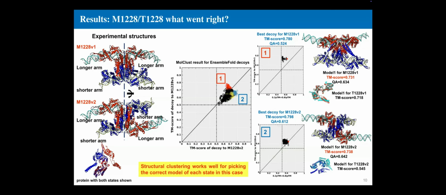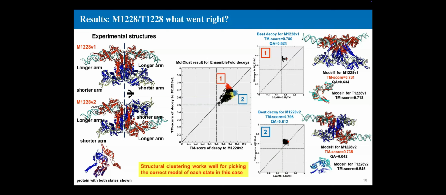And again, when we check the clustering results of our decoys, we find two large clusters with the highest confidence score shown here. We select the model with the highest confidence score from each cluster as the final model. When compared with the experimental structure, this model is very close, with a TM-score greater than 0.7.